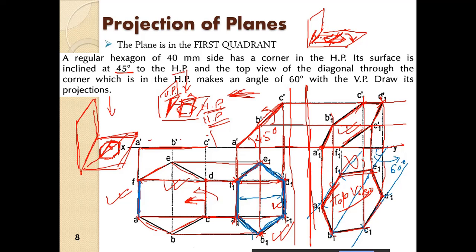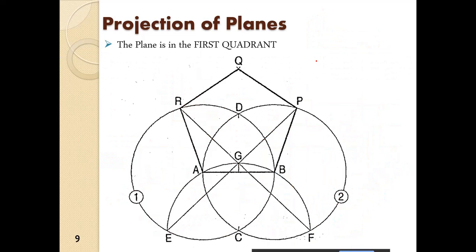So this plane, the pentagon, I mean the hexagon plane, is perpendicular to the VP up to this point, and it is inclined at 45 degree to the horizontal plane. Okay, so this is just for your understanding of the projection of planes, how the plane rotates about the axis.